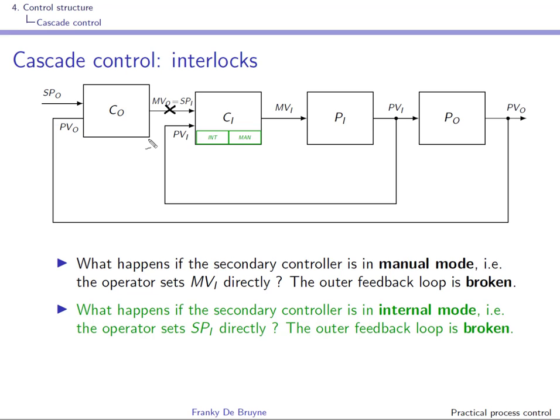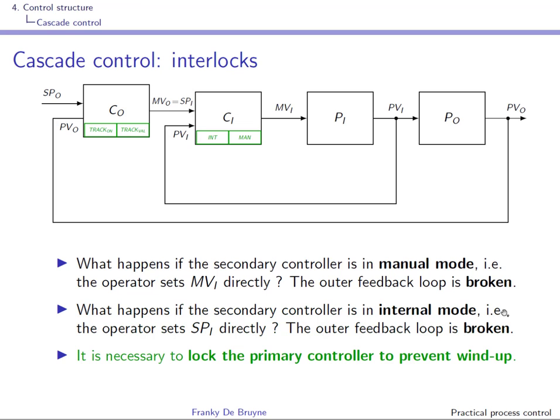So clearly, if this secondary controller is in internal mode, the outer loop is again broken. What we'll need to do in those cases is to lock the primary controller to prevent windup.